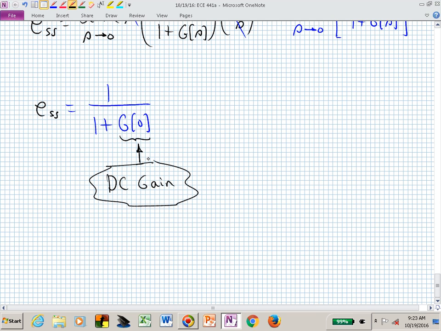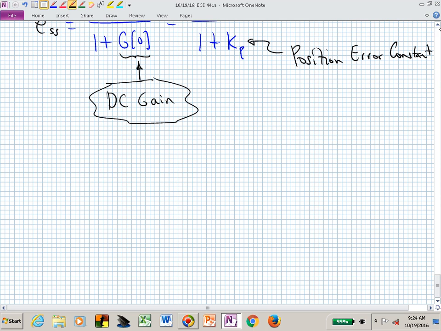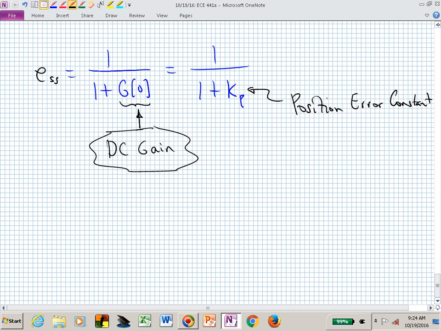And you can see then that the DC gain, and actually that's quite common to just call that K sub P, and it's defined then in the book as the position error constant. And do you see the relationship between that error constant, the position error constant, and your error? What happens if we increase the position error constant?